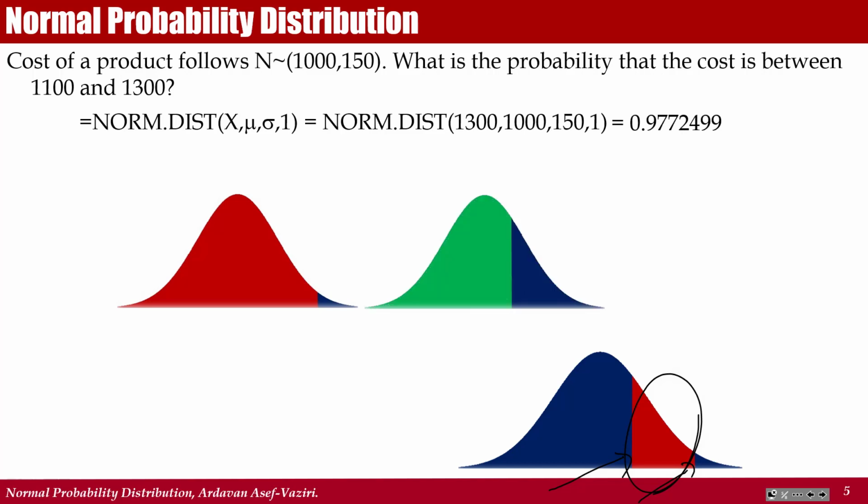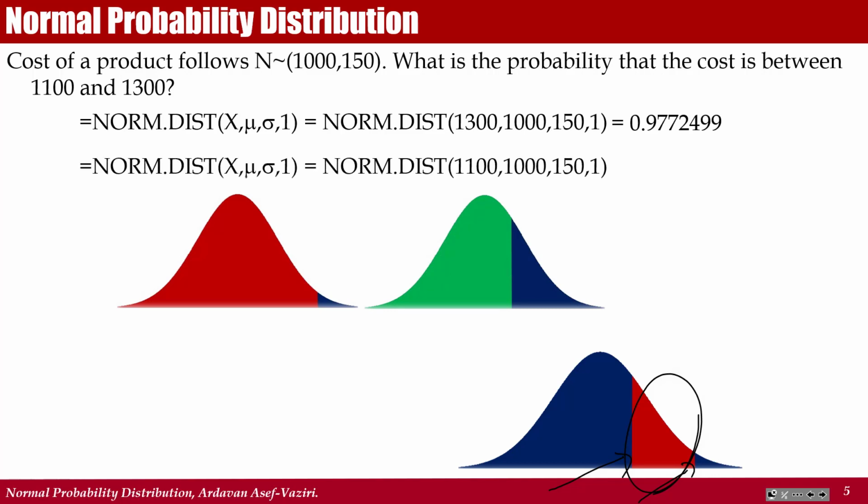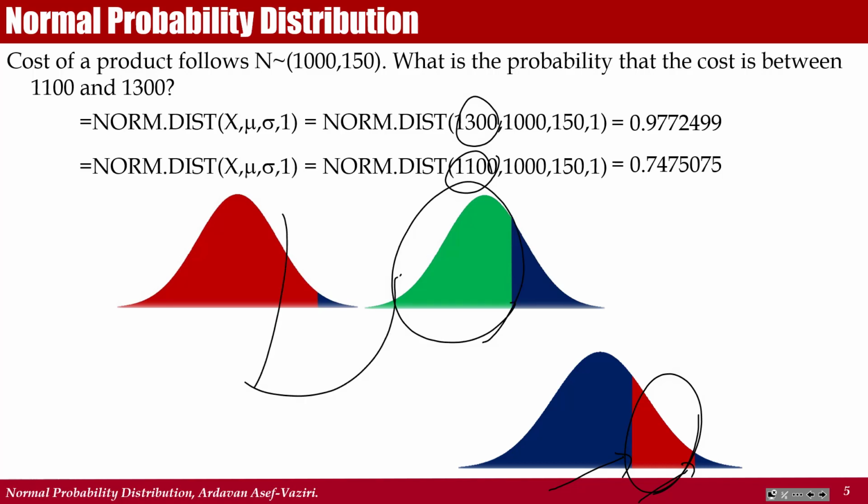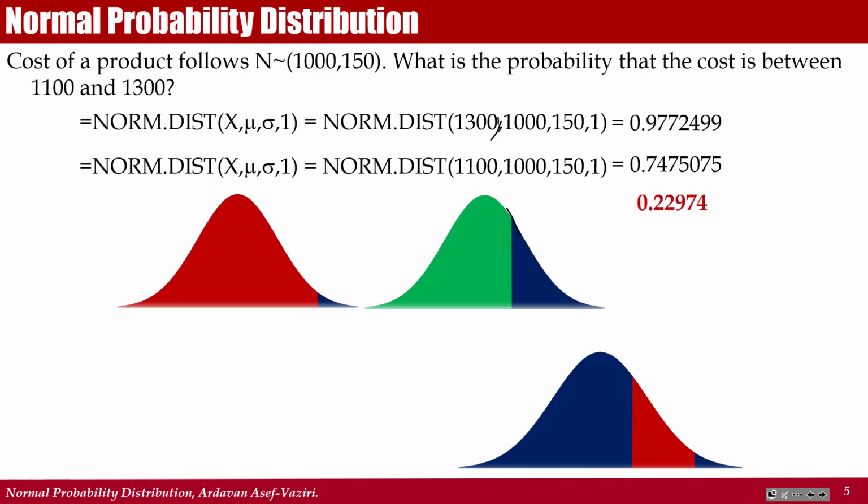This is the probability of less than or equal to 1100. Again, we put it into the same formula. The only difference is here I have 1300, here I have 1100. I can compute that one too. And then I need to take this part out of this part to compute this part. So I simply subtract it, and that is the result.